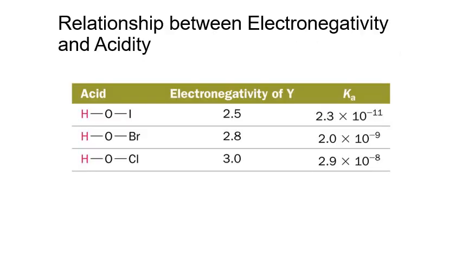If we look at electronegativity here, we're comparing similar types of acids and looking at the electronegativity of the anion. And you can see how the more electronegative our elements become, the larger that Ka value, the more that it's going to dissociate into the H plus and the anion.